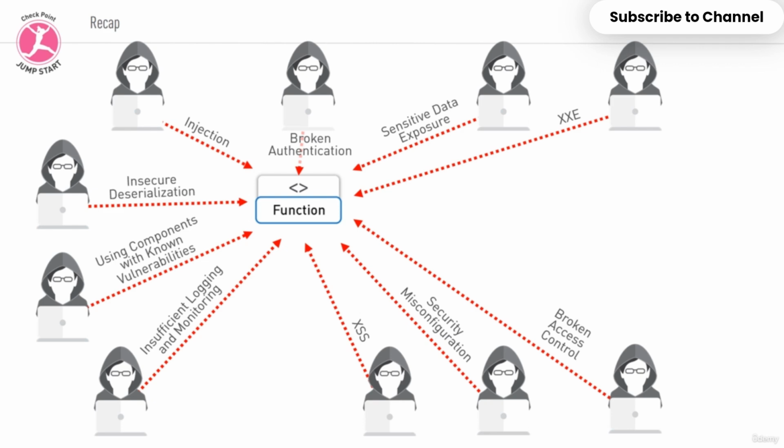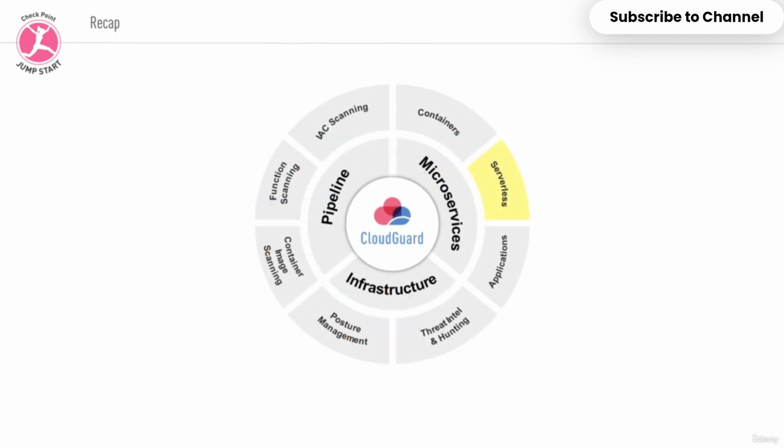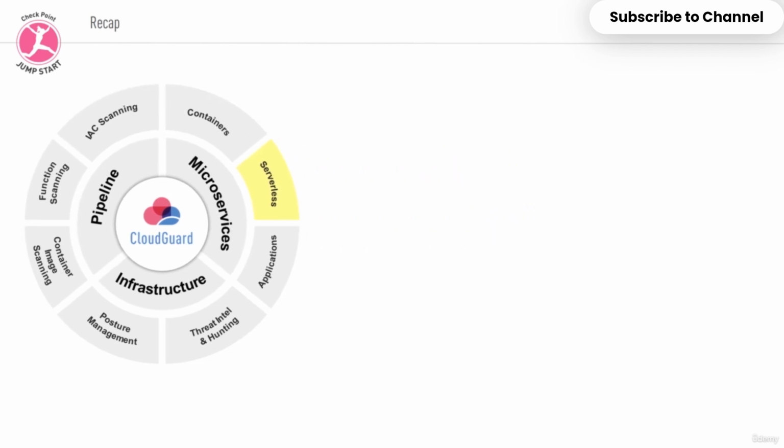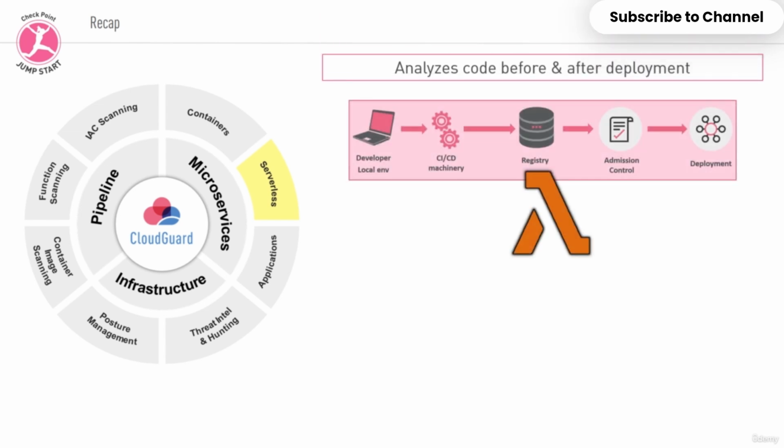To help protect against malicious attacks targeting serverless functions, Checkpoint offers its serverless security solution as part of its workload protection suite. This solution analyzes your serverless application code before and after deployment, continuously scanning your serverless infrastructure code and runtime environment.